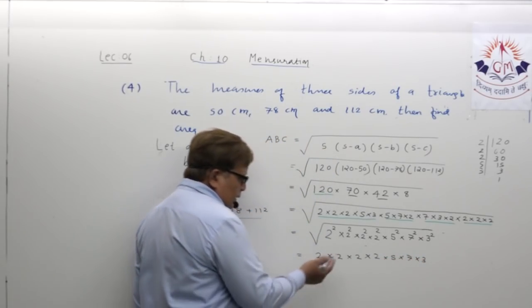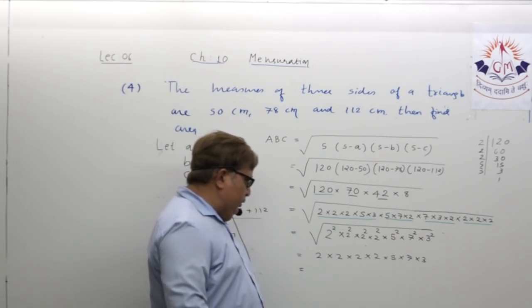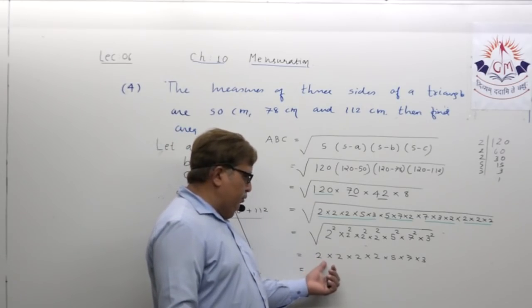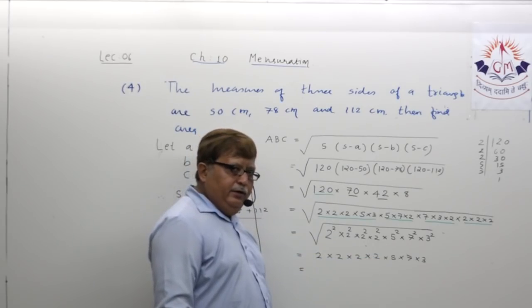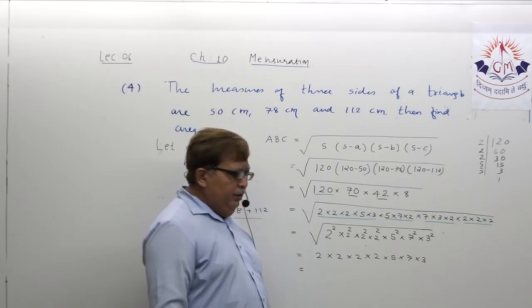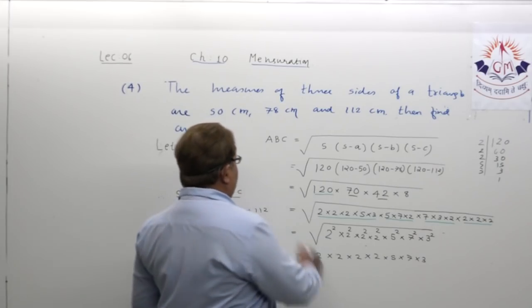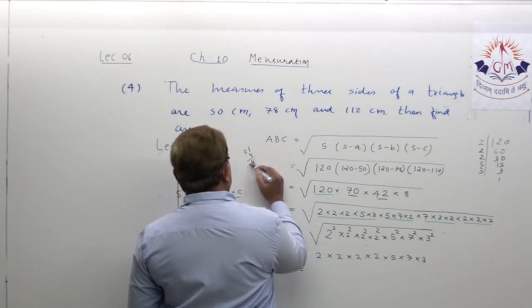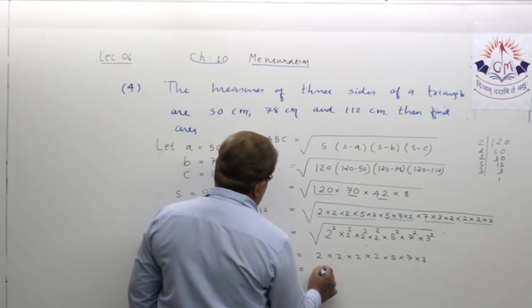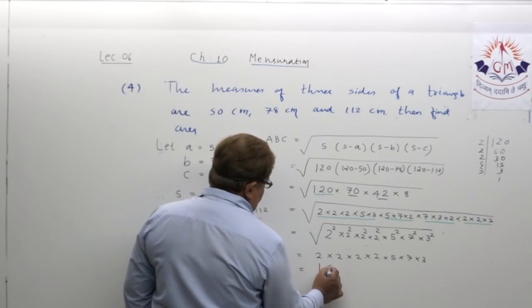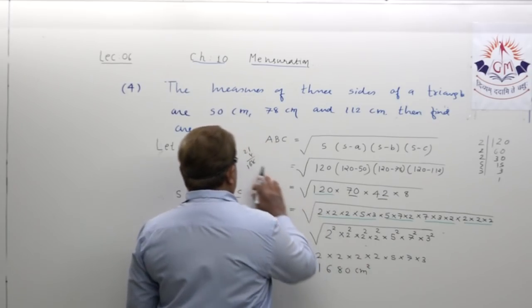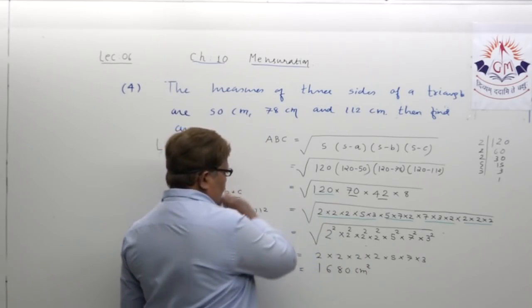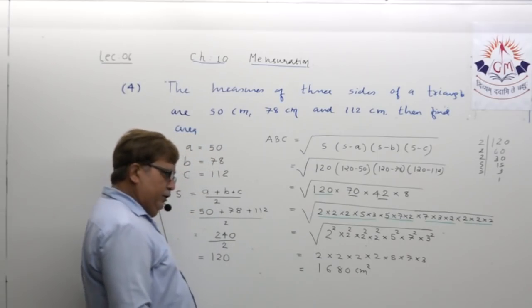And just a simple case of multiplication: 2 twos are 4, 2 fours are 8, 2 eights are 16, 5 sixteens are 80. 80 into 21. Simple. Understand? So the answer turns out to be 1680 square centimeter. Is it clear?